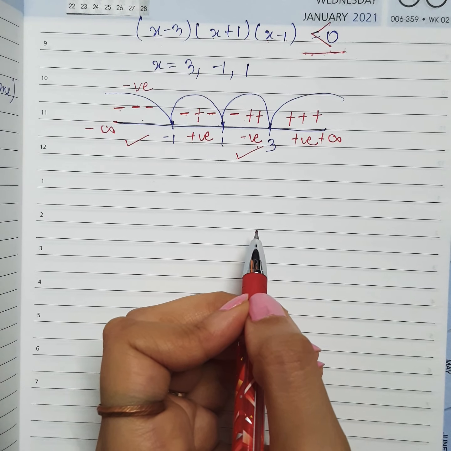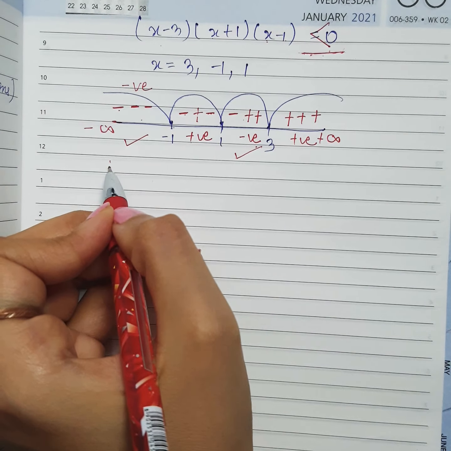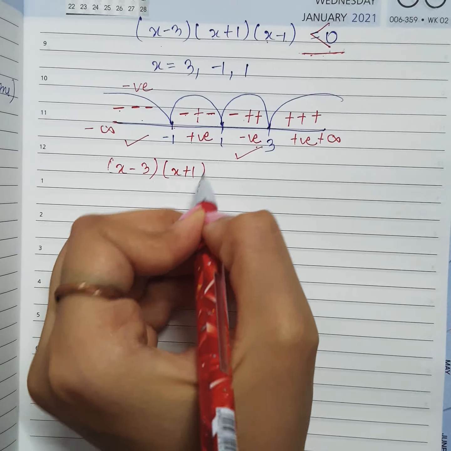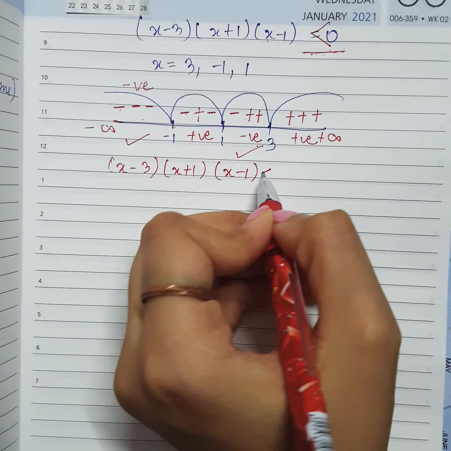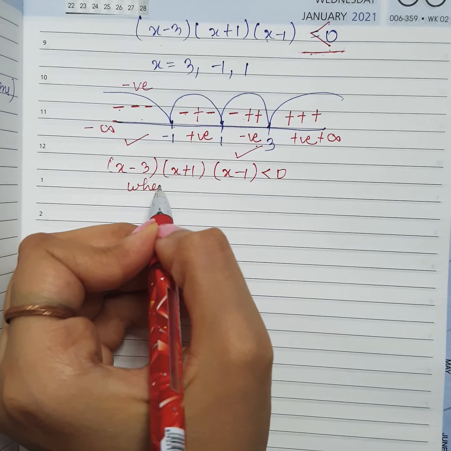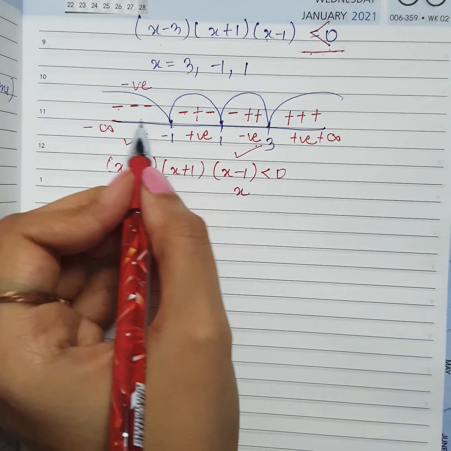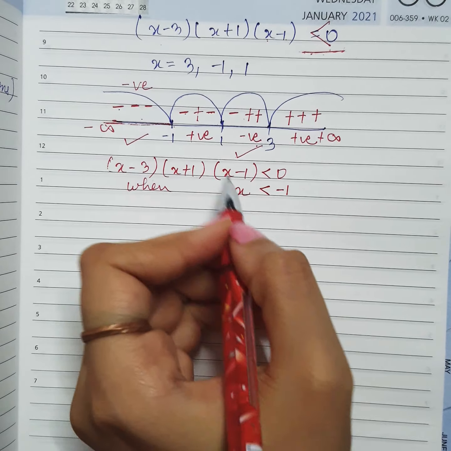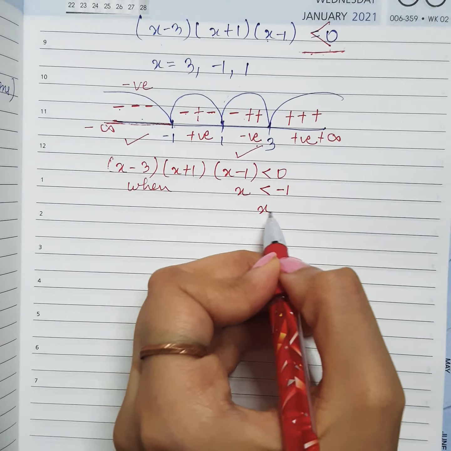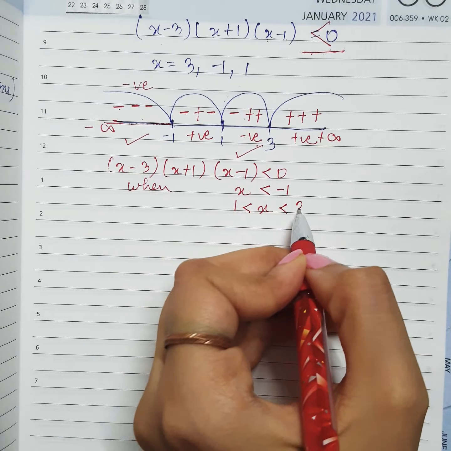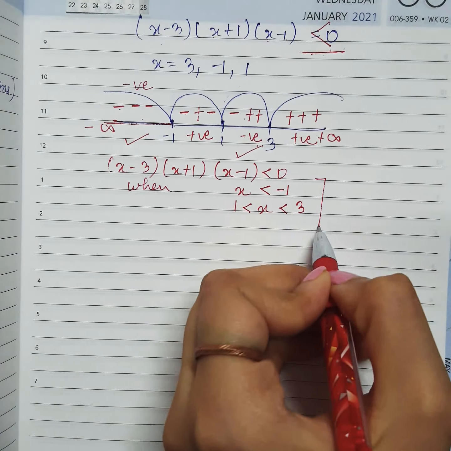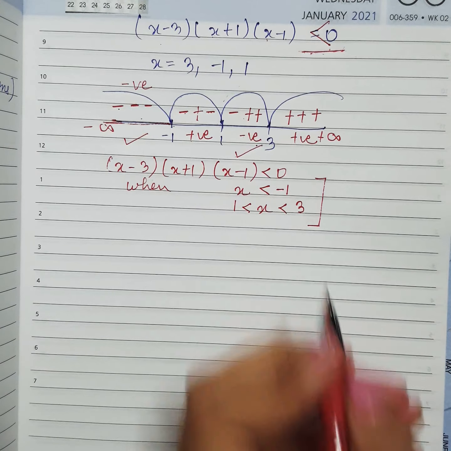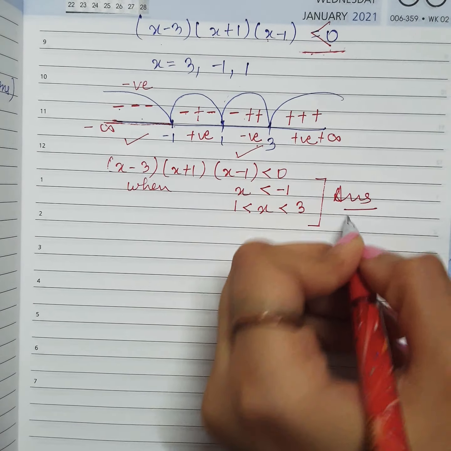So the final answer is going to be: the expression will be negative when x is in this range, that means less than -1, and in this category, that means between 1 and 3. So these are the possible ranges. So this is the required answer.